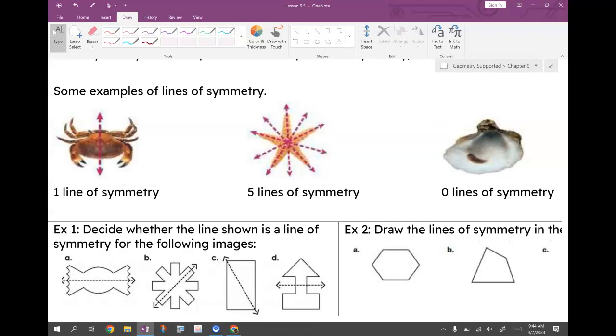If you look at that starfish, you can draw 5 lines of symmetry, 1 through every single one of those points. And if you look at that shell, which looks like a blob on your paper, notice you can't draw any line, and it has to be a straight line, obviously, that is going to make it equal on both sides.